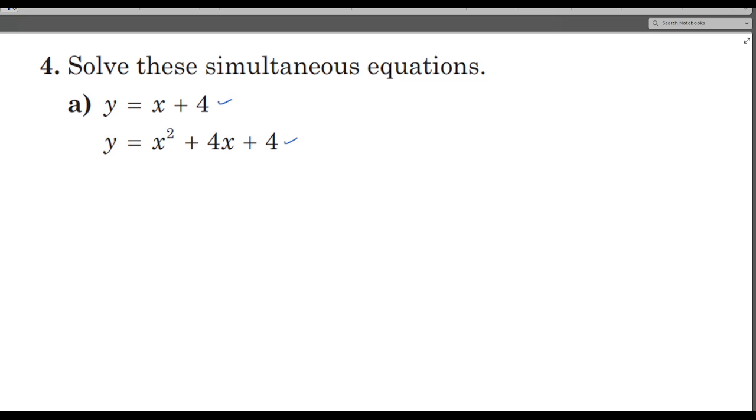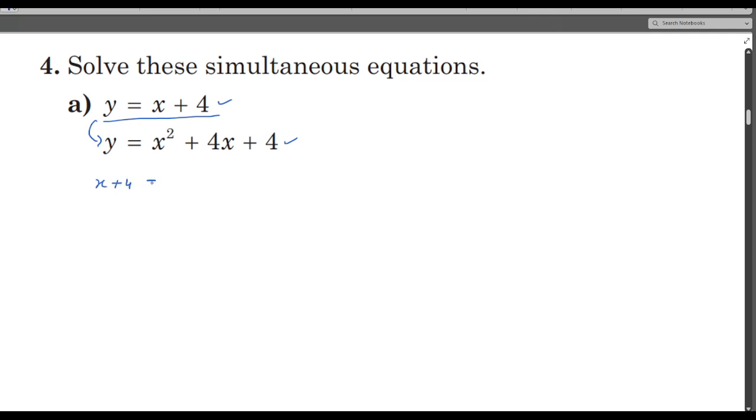Okay, so for that what we will do, this y is equal to x plus 4 we will replace over here. So your second equation will become x plus 4 is equal to x square plus 4x plus 4, and then we will shift both the terms to this side. So I'm writing this right hand side.